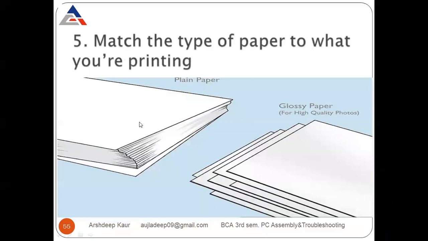Plain paper is for printing any notes, text or notices. If we want to print some images or banners, then we need to use glossy papers. It depends upon your printing choice, what you want to print. Then choose the paper very wisely. We have plain papers and glossy papers, so choose the paper according to your requirement.